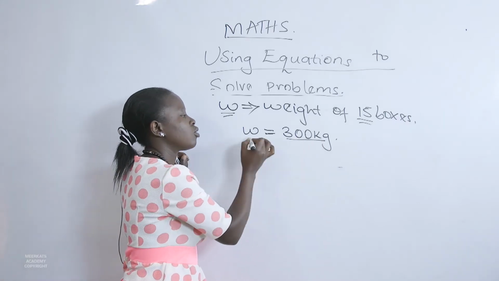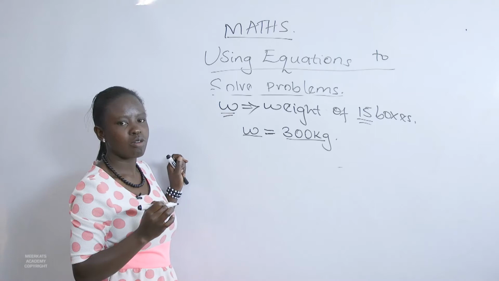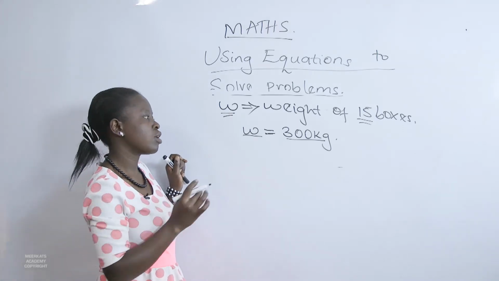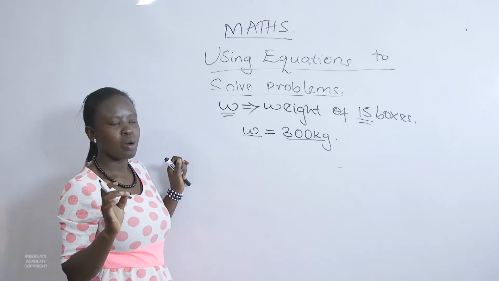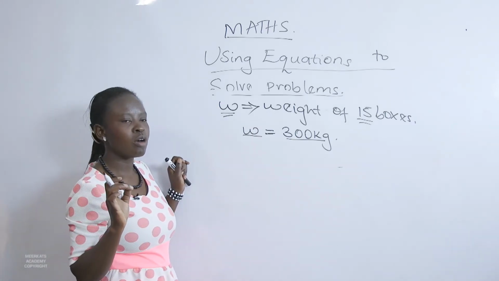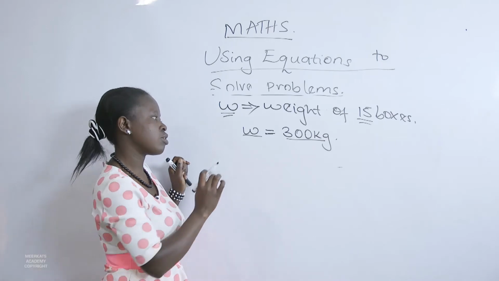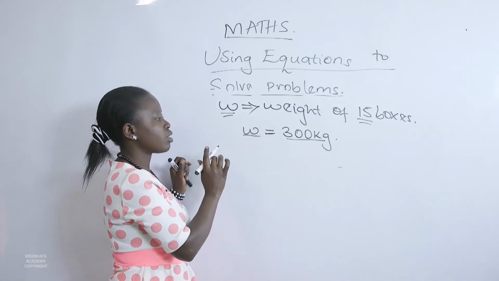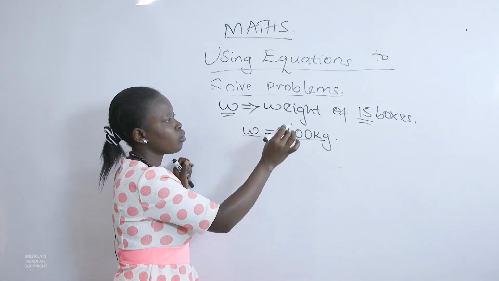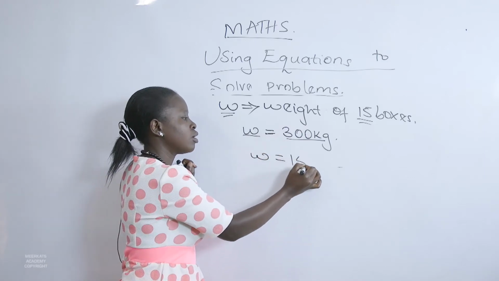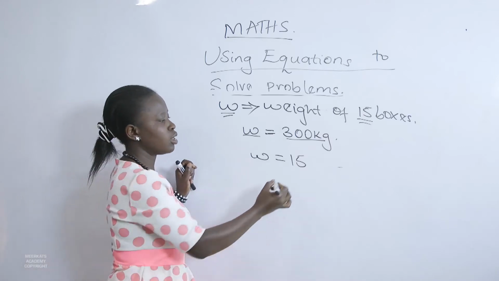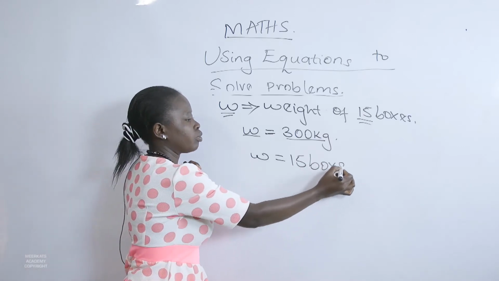If this is the total weight of the 15 boxes, and I need to obtain the weight of one of the boxes, so our W is representing the weight of 15 boxes.